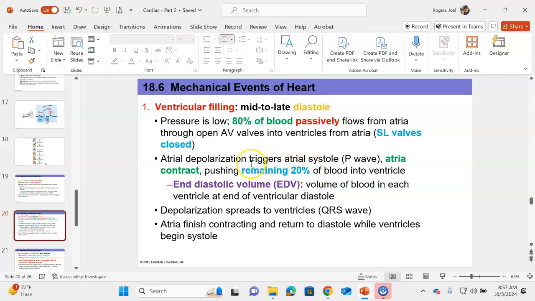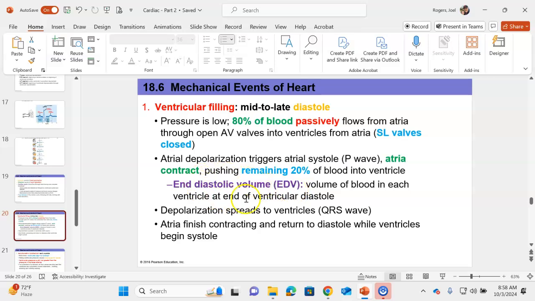Now, once they hit that max capacity, if we hit the pause button, okay, if you've ever played video games, generally there's a pause button, okay? So you can pause a video game, okay? If we paused this circulation at that moment, the volume in the ventricles at their max capacity is something called end diastolic volume, or EDV.